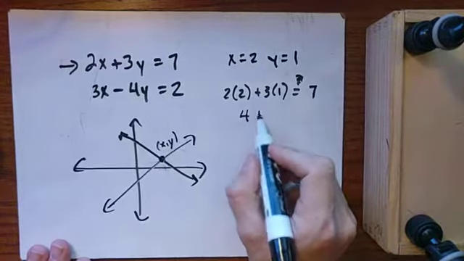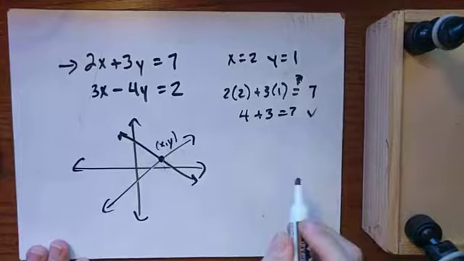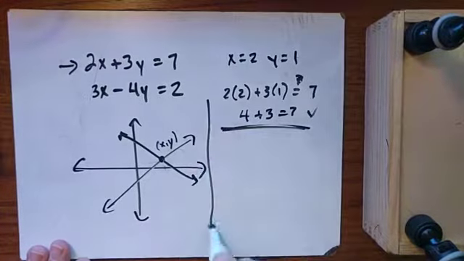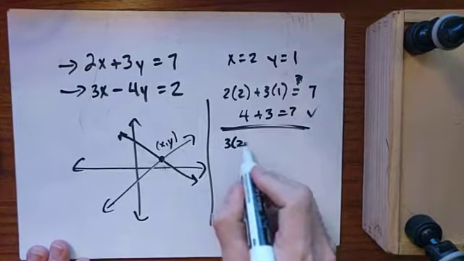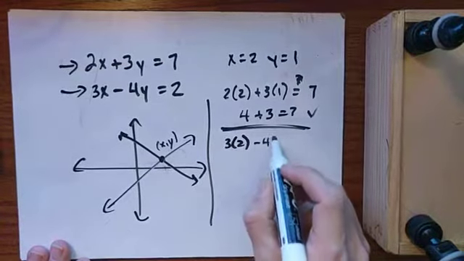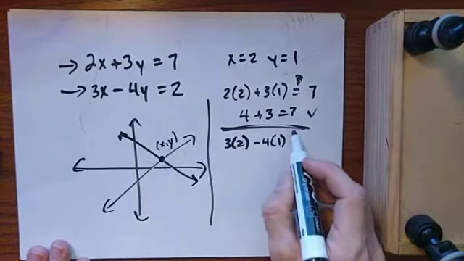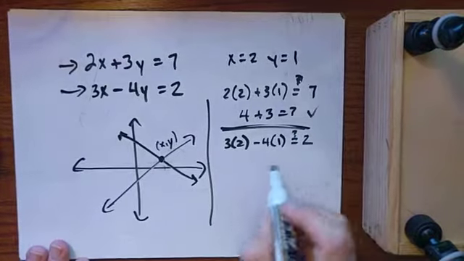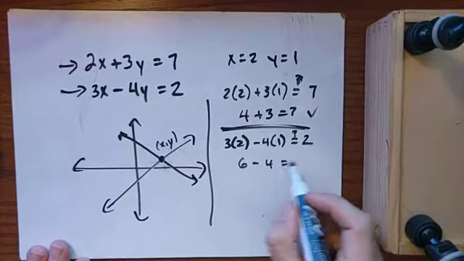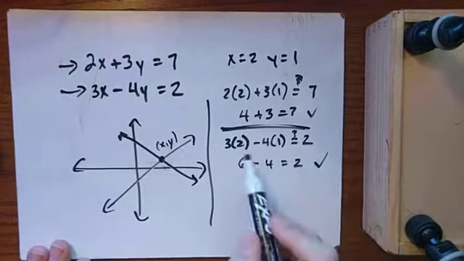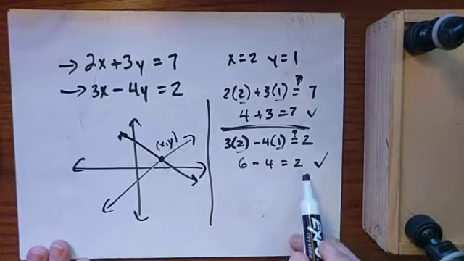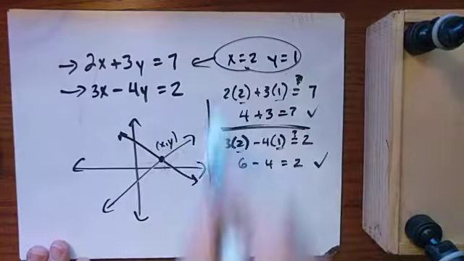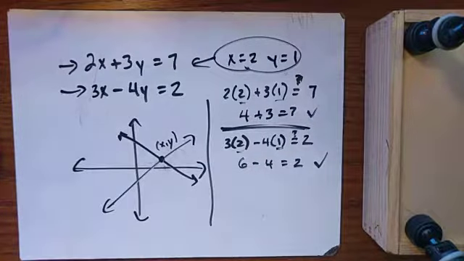And the answer is yes, 4 plus 3 does equal 7. But you also want to check the other equation. So 3 times 2 minus 4 times 1, does that equal 2? And the answer, of course, is yes. So since x equals 2 and y equals 1 works in both equations at the same time, it's the solution to the system.